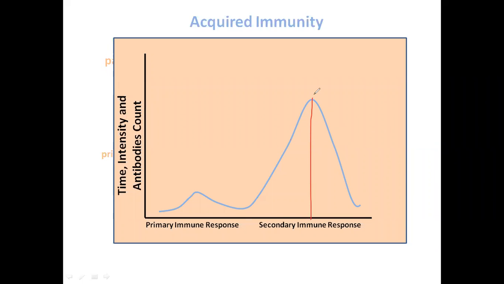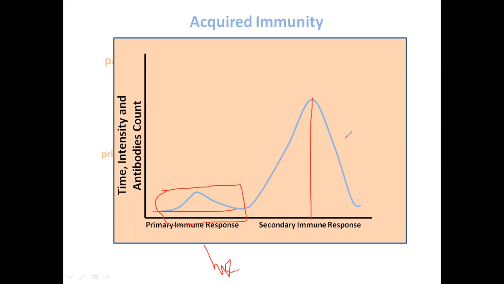Why is it so intense and of short duration? Because during the primary immune response, the memory is already developed against the pathogen. Therefore, the primary immune response is not required for the second time exposure of the antigen. And for this, the secondary immune response does not have to work through the cell mediated or humoral immunity.